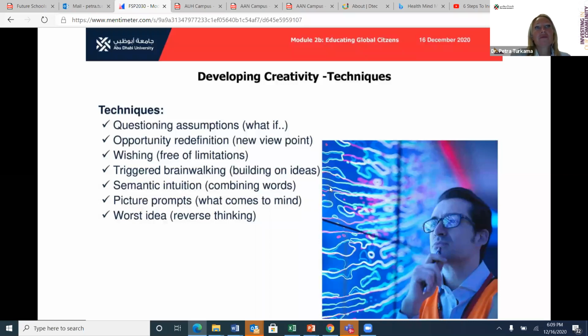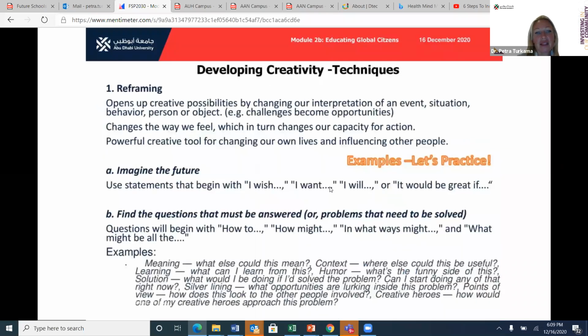I say what wouldn't work, and then start building from there. So really reversing the whole process and thinking that maybe the worst idea will become the best idea. Who knows? Or asking who can come up with the worst idea. I'm sure the students would love this kind of activity as well.